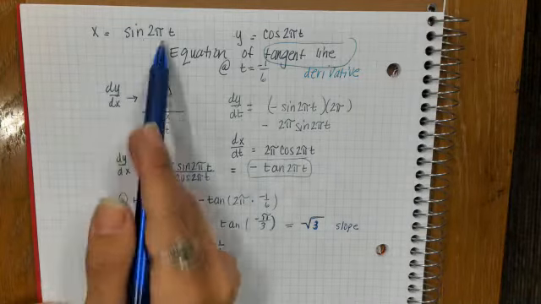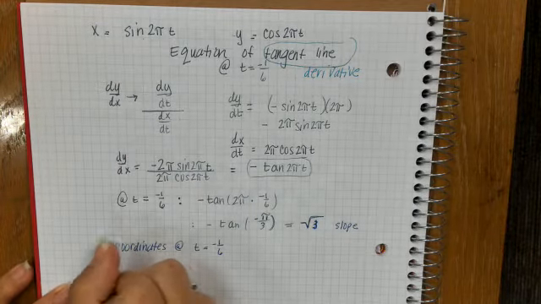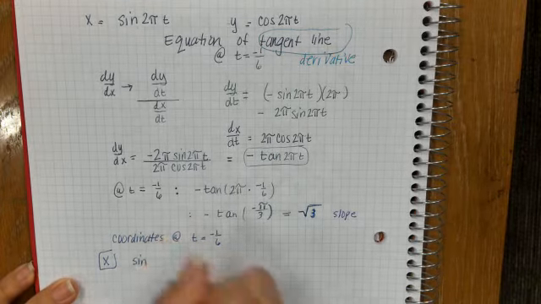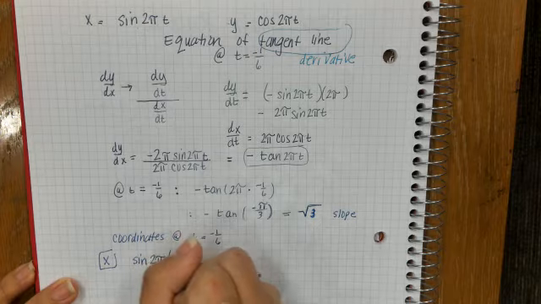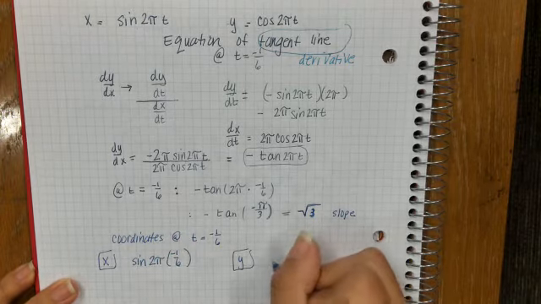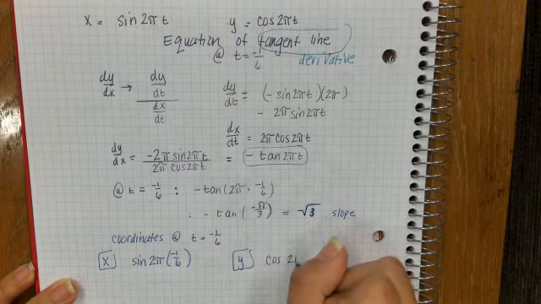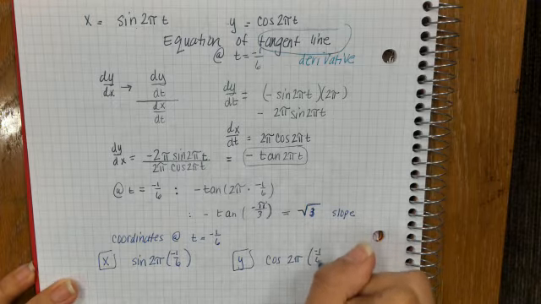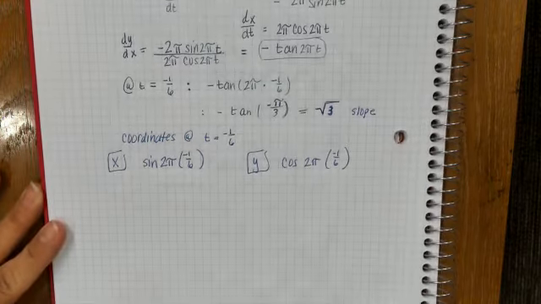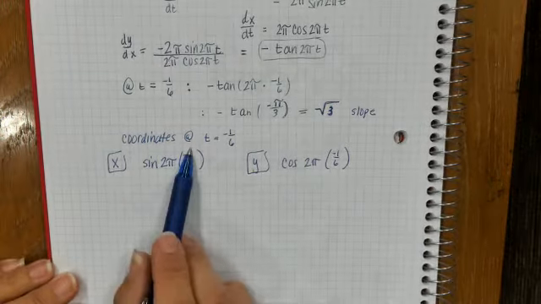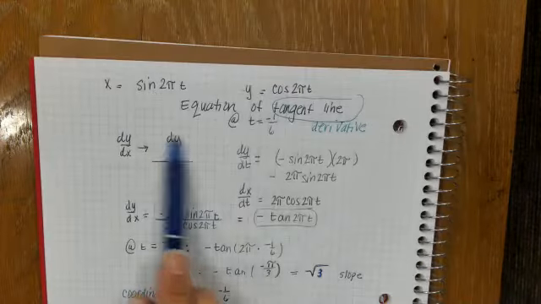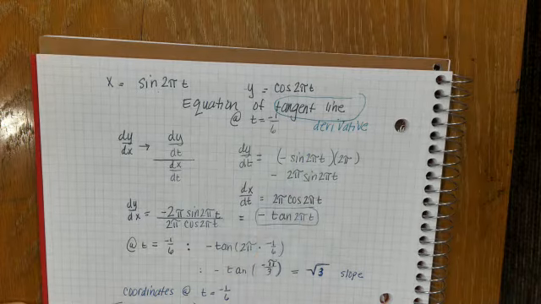So to find x, I'm going to have the sine of 2 pi times negative 1/6. And to find y, it's going to be the cosine of 2 pi times negative 1/6. So the difference between this and the ones we've been doing up until now is two functions.